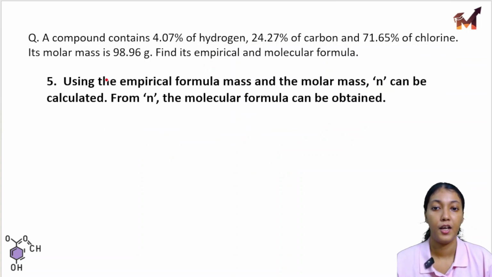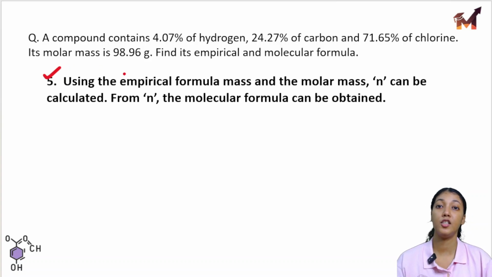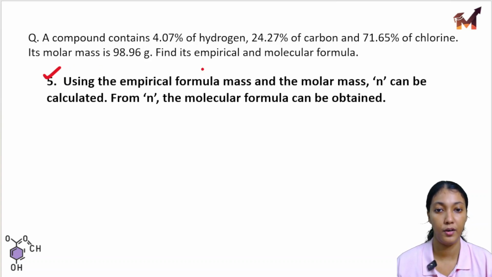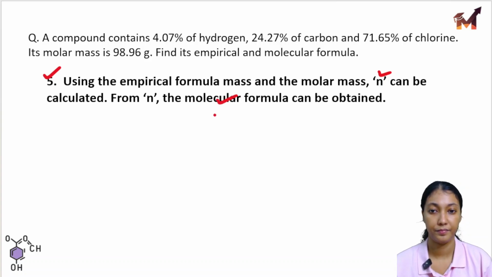The fifth step, using the empirical formula mass and the molar mass, N can be calculated. From N, the molecular formula can be obtained. So we will use the relationship that we studied between the molecular and empirical formula, और उससे हम N की वैल्यू अगर निकाल ले तो हमको molecular formula भी मिल जाएगा. So let us see.